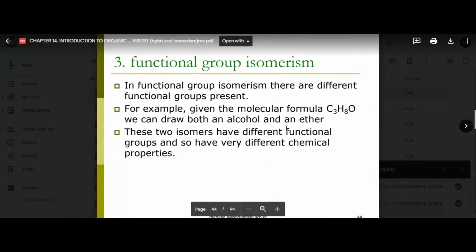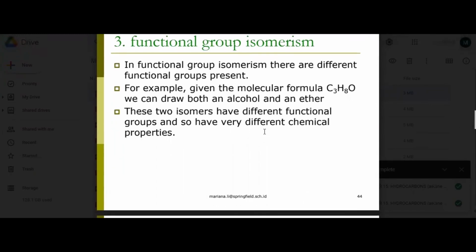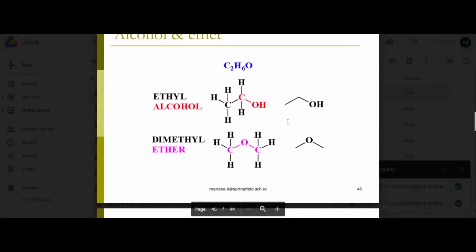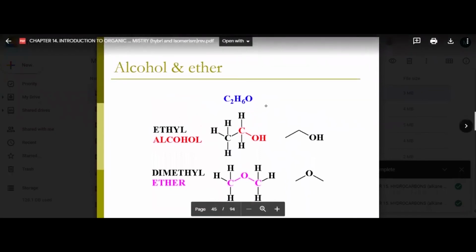Okay, you should understand which functional groups have the same molecular formula. It is alcohol with ether, CnH2n+2O, usually like this.